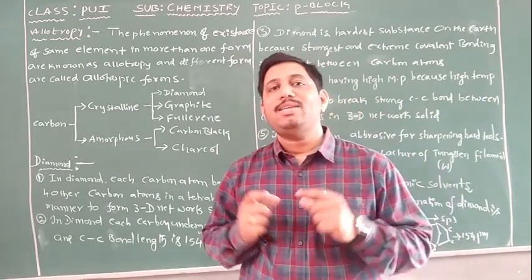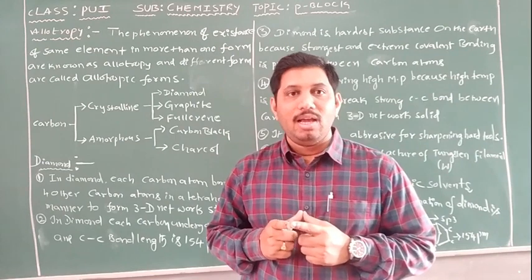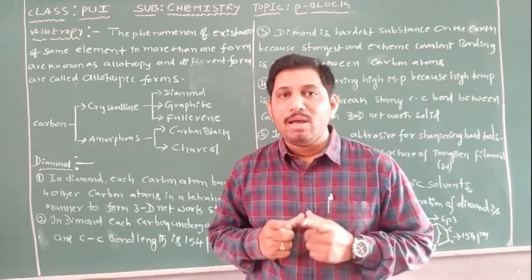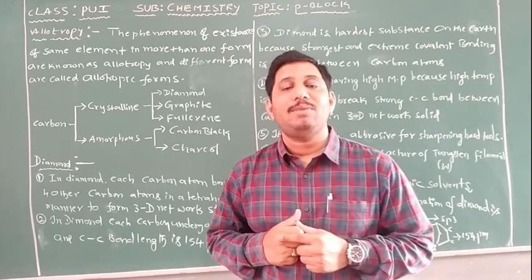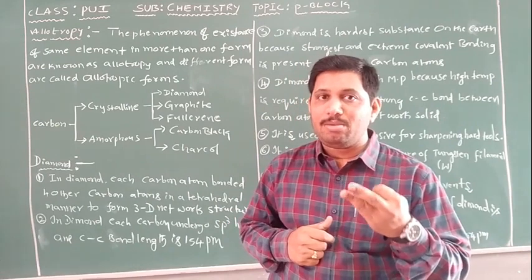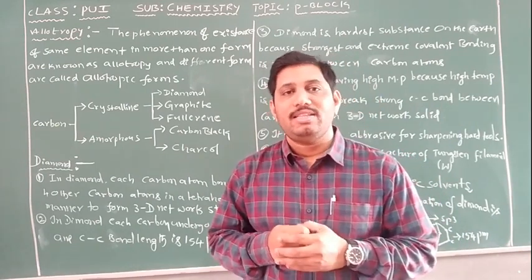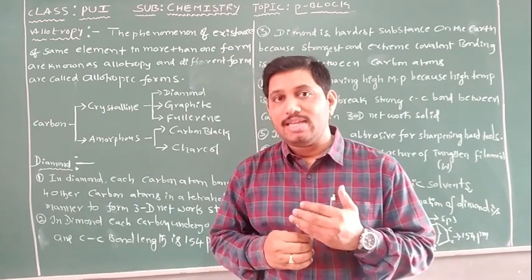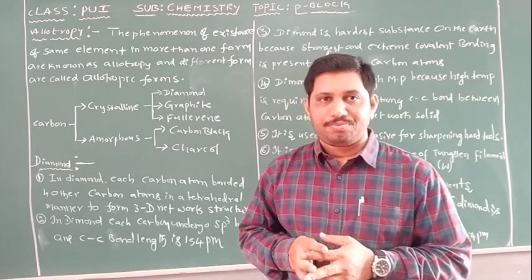One is that carbon has the highest catenation capacity in the periodic table. The other is that carbon is able to form p-pi multiple bonds with itself and other elements of the same size and similar electronegativity. Whereas silicon, germanium, tin and lead do not have these two properties, hence even if they can exhibit allotropy, they do not have that much importance.